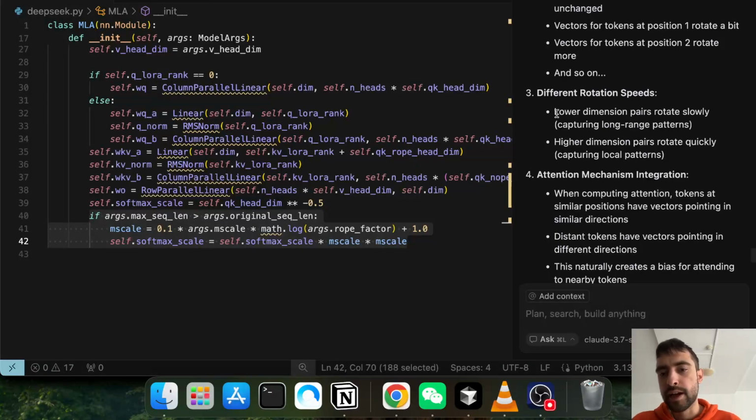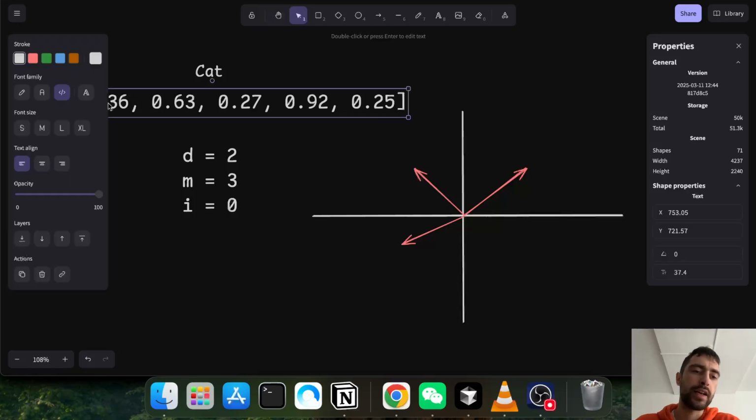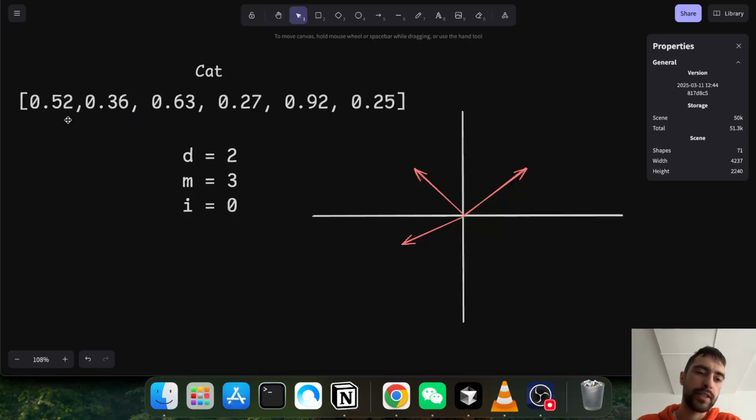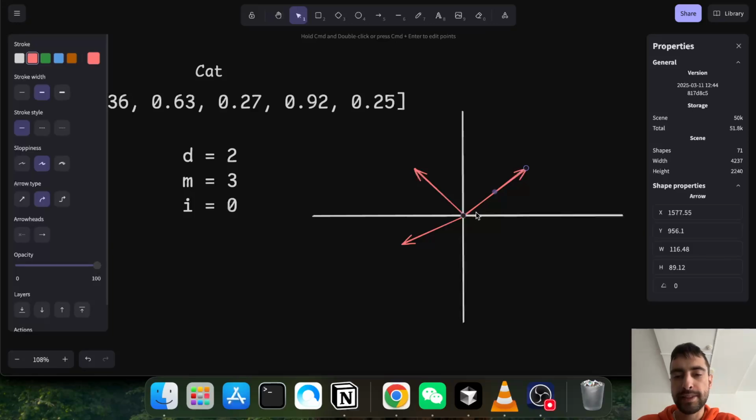You see here, lower dimension pairs rotate slowly, capturing long-range patterns. So these first 2 dimensions, let's say this is the vector for the first 2 dimensions of the word cat. We will rotate it only a little bit, only by 0.00001.